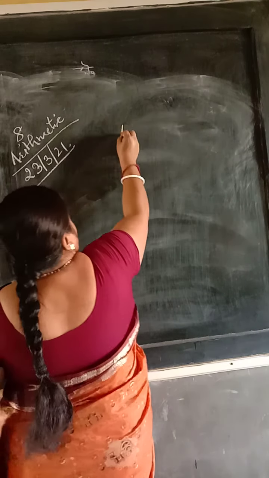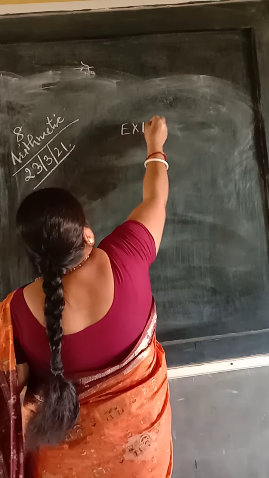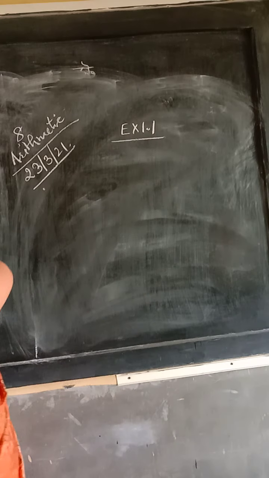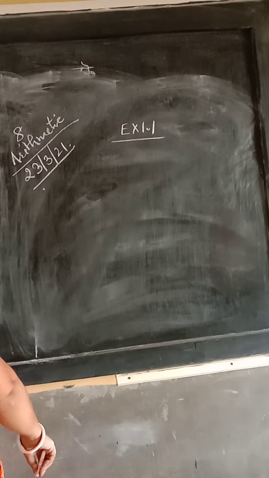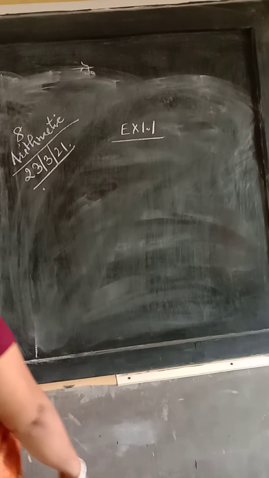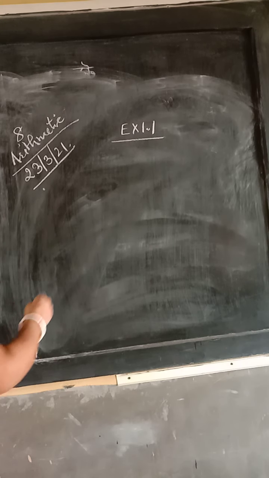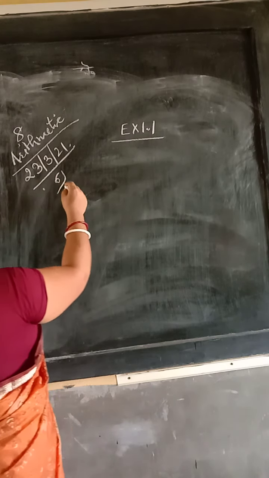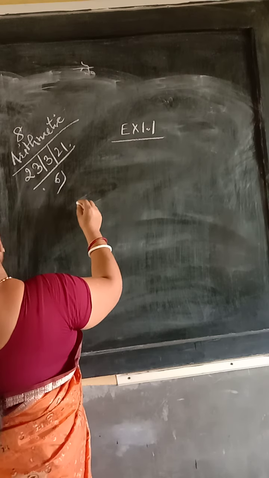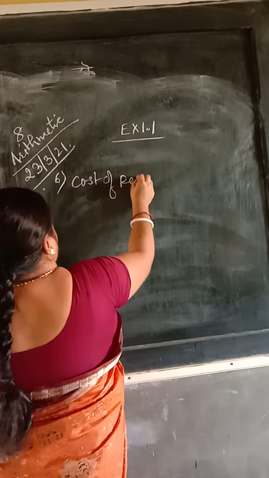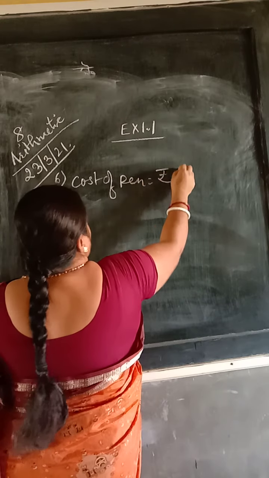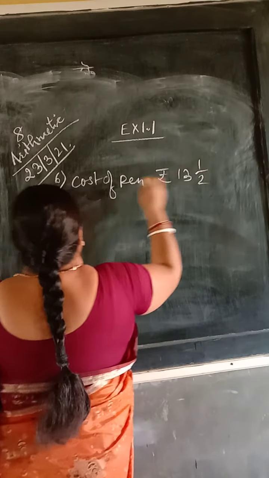Look at question number 6. It is saying, Tanay bought a pen for rupees 13 and a book for rupees 17 2 by 3, and ice cream for rupees 15 over 1 by 4. How much money did he spend in all? Cost of pen: rupees 13 whole 1 by 2.